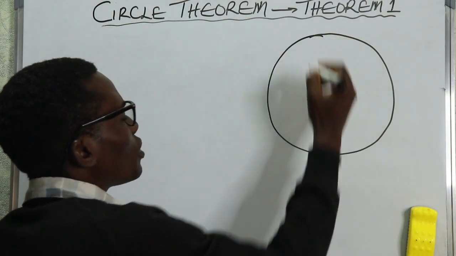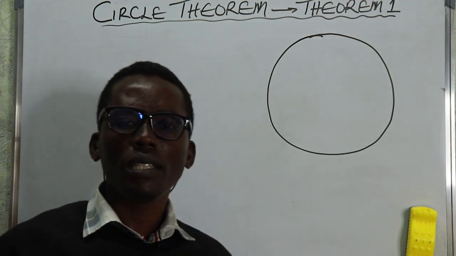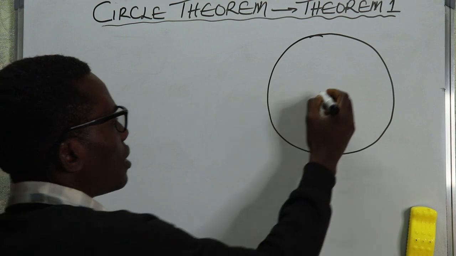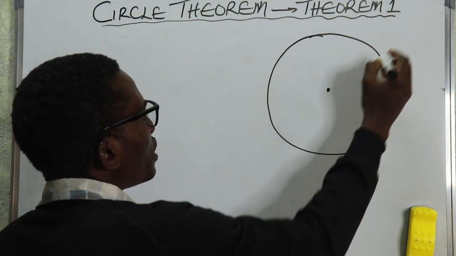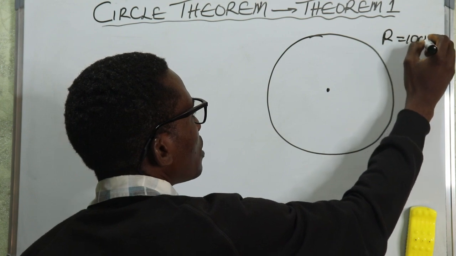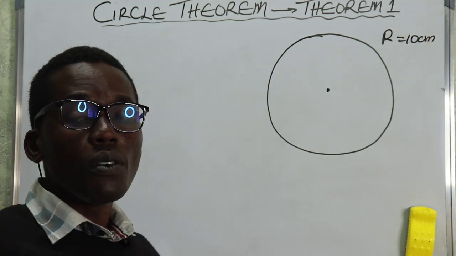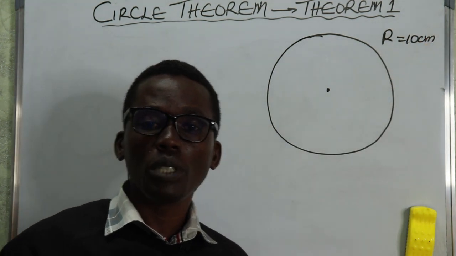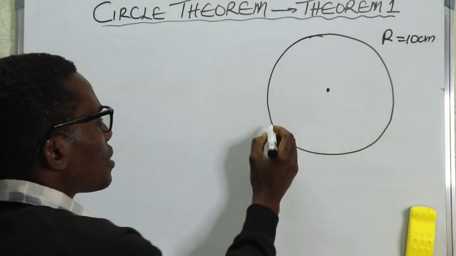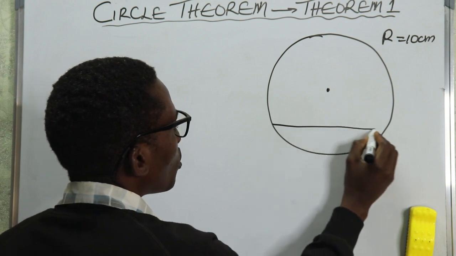To analyze that question, remember the question says the radius of a circle is 10 centimeter. We have our radius to be equal to 10 centimeter. Now, they told you that the length of a chord of the circle is 16 centimeters. So this is the chord of a circle.